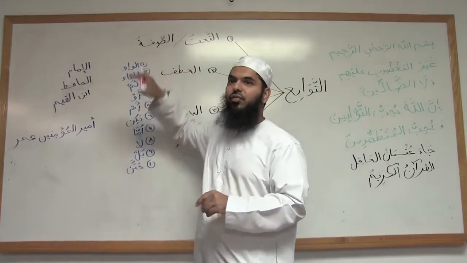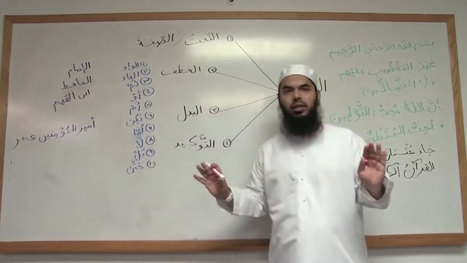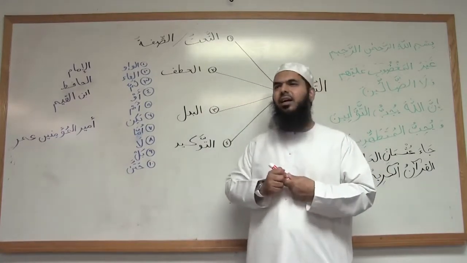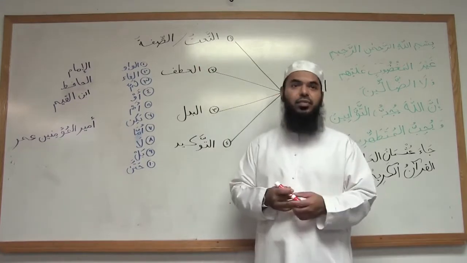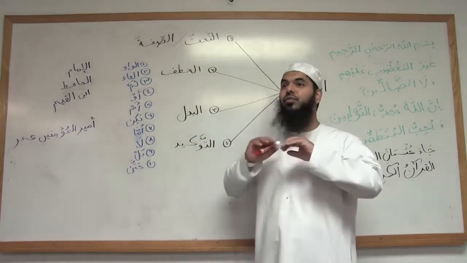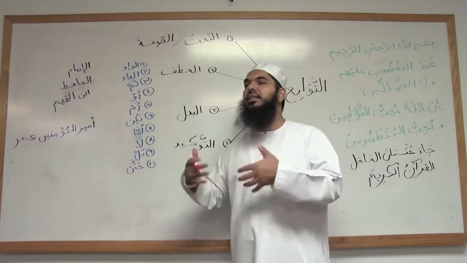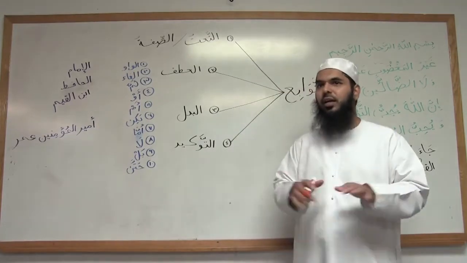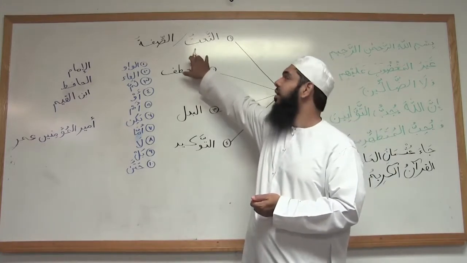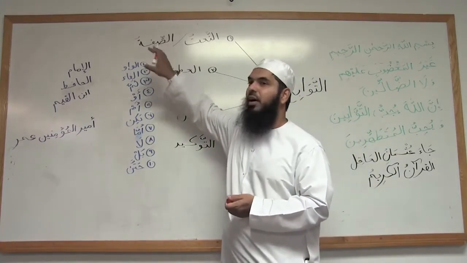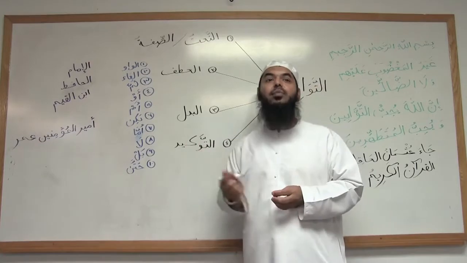Na'at and sifa, for right now, it's the same thing to you guys. And as we discussed, there are discussions amongst ulama, what if there is a difference, and what is the difference, and what is a difference of linguistic istilah of different areas, but we're not going to get into all of that right now. Right now, we're going to go with the fact that na'at and sifa means something that describes something.